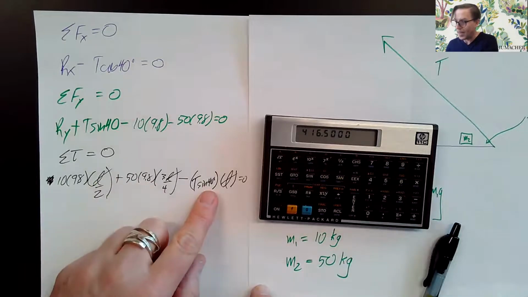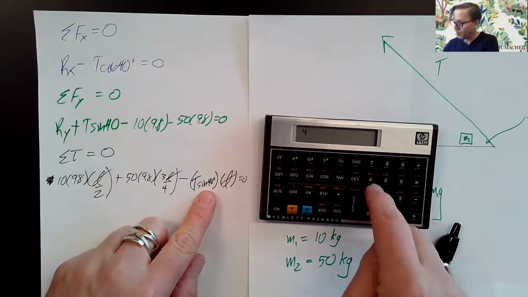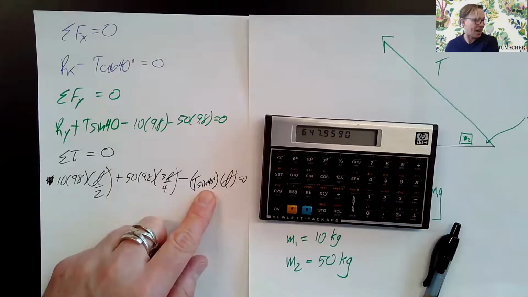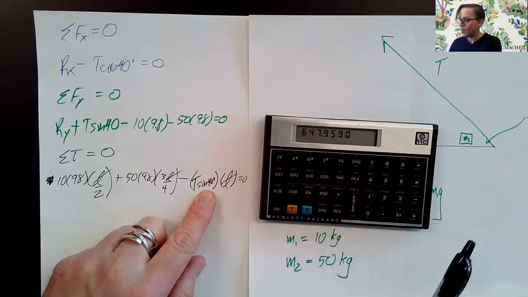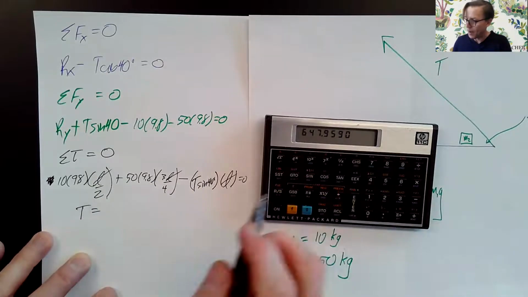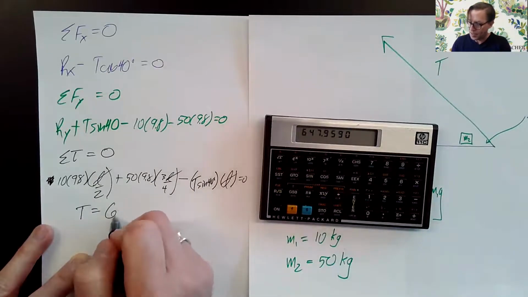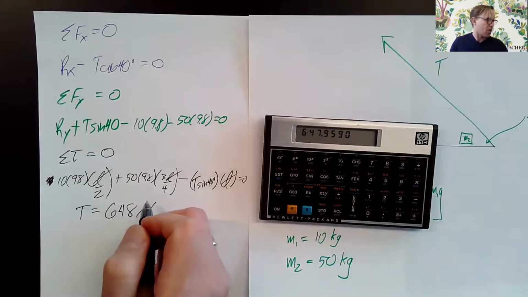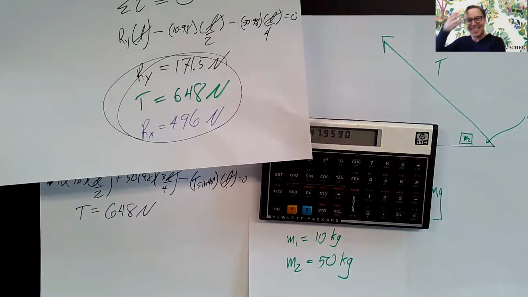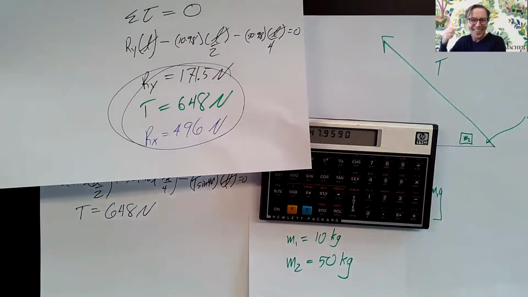And then I'm going to divide by sine 40. And hopefully I did that right. But I got T is 647.9. Okay, so that's T is 647.95. I'm going to call that 648 newtons. Do you remember what we got for T before? Oh, 648 newtons. Yay, it worked.